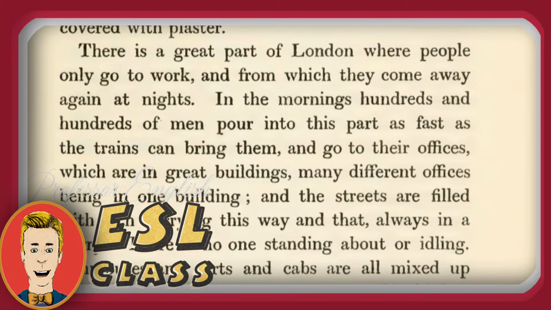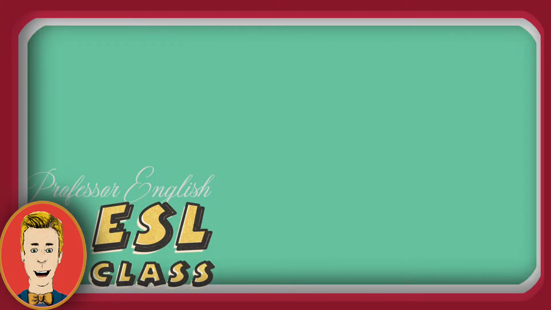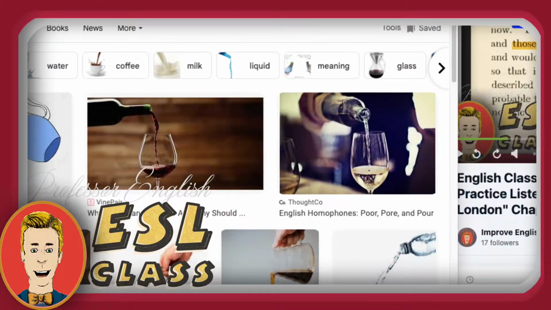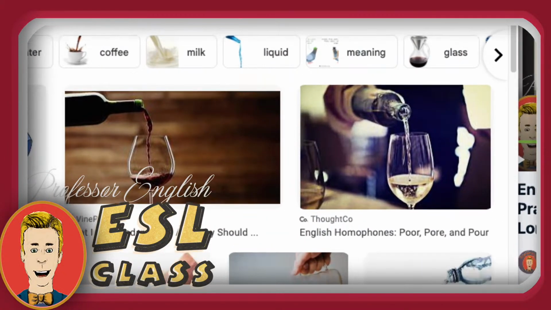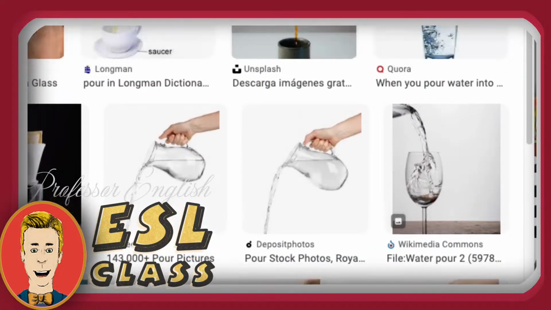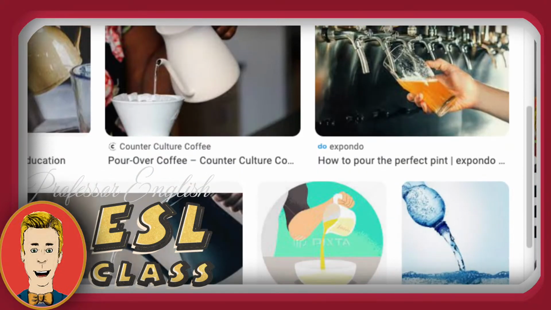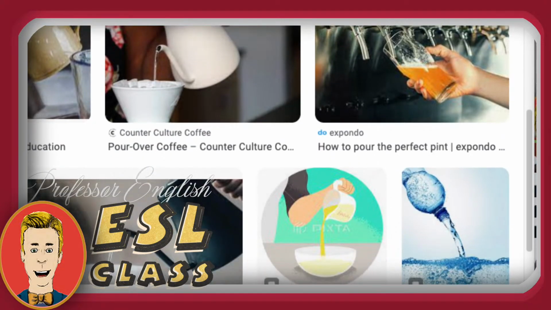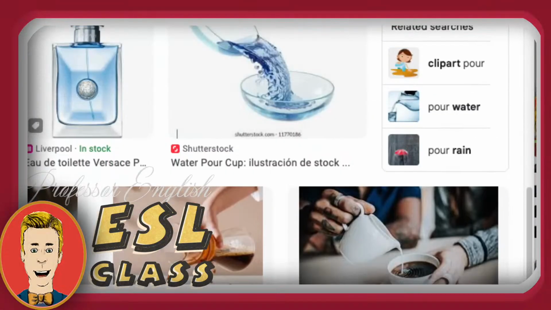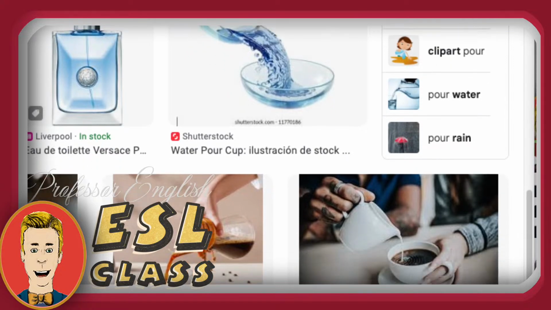So let me show you a picture of pour. So here, someone is pouring wine, pouring water. It's when liquid changes from one place to another with your hand usually. So pouring tea, just the transfer of liquid, pouring coffee, pouring milk.